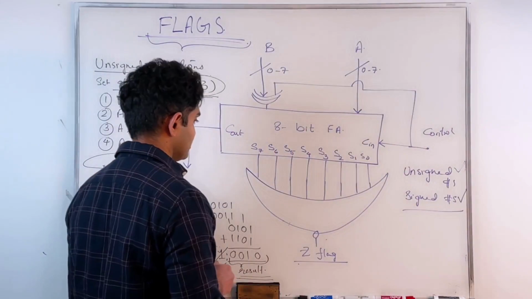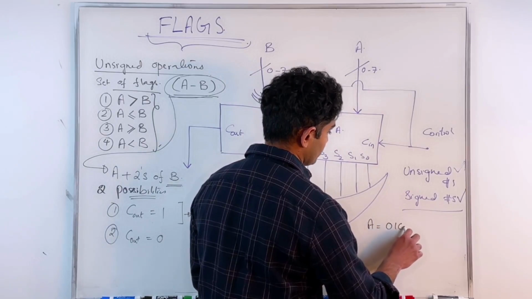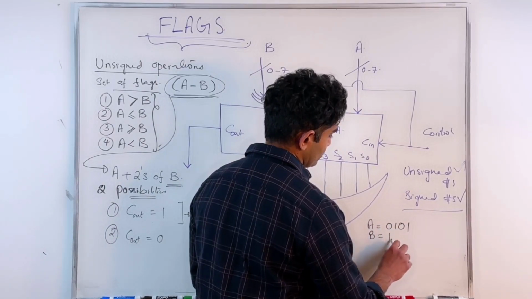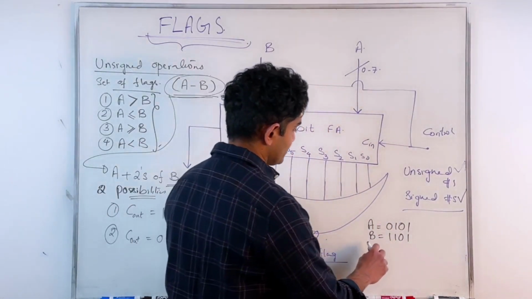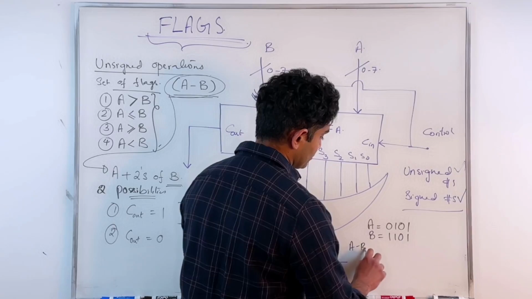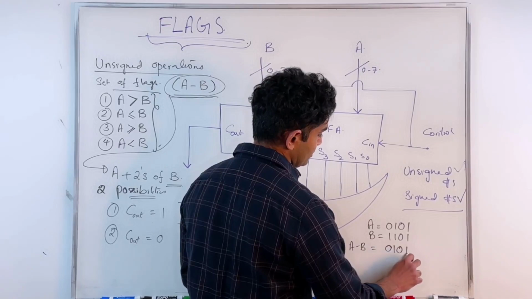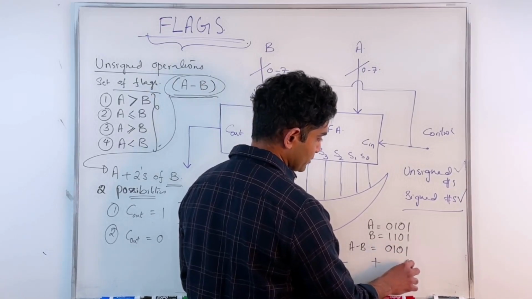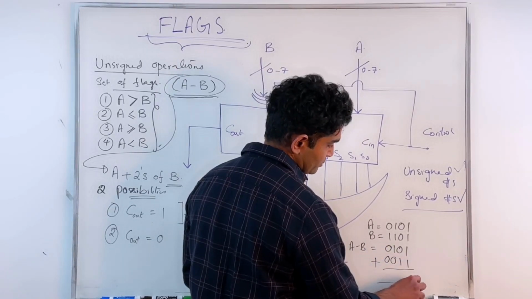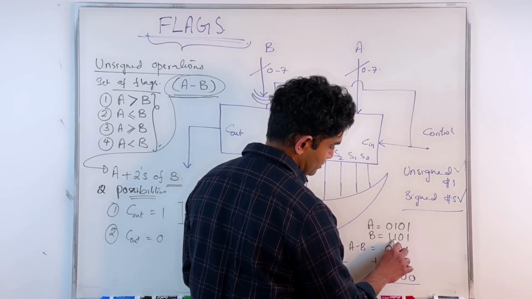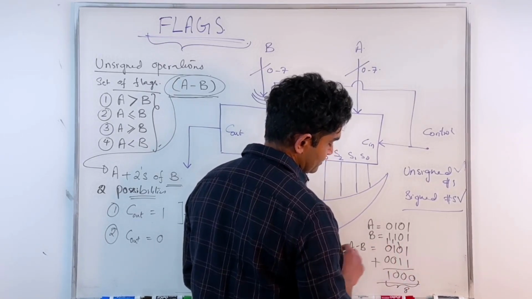On the other hand, if my A is 0101, B is 1101, obviously my B is larger than A. So A minus B here corresponds to taking A, 0101, adding to that the 2's complement of B, which is 0011. 1 plus 1 is 10, and so on.